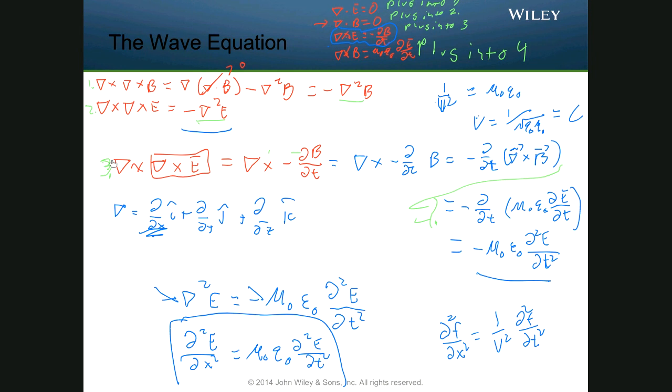But we can see that del cross E is equal to del cross E. So step 5 is writing them like this and canceling the minus signs, and then you get del squared, or the Laplacian, times the electric field, or the second gradient of the electric field, is equal to mu naught epsilon naught times the second time derivative of the electric field. And then you have step 6, which is a 1D version, right? One dim version.